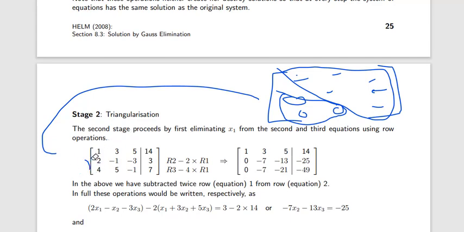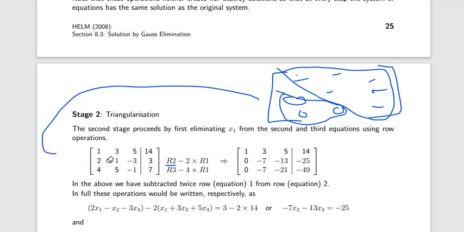So the first operation is row 2 minus 2 into R1. We did a row operation on R2, meaning row 2 minus the multiplication of row 1 with 2.